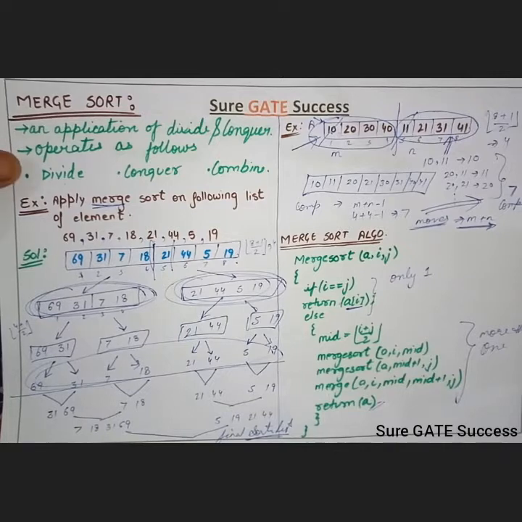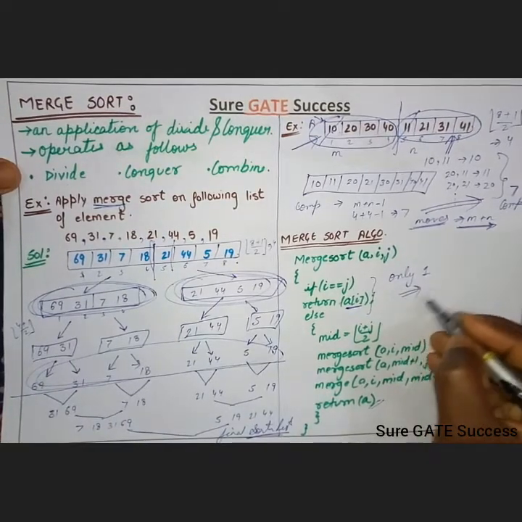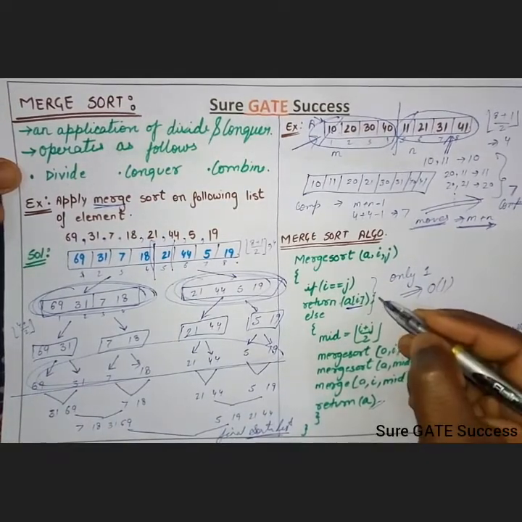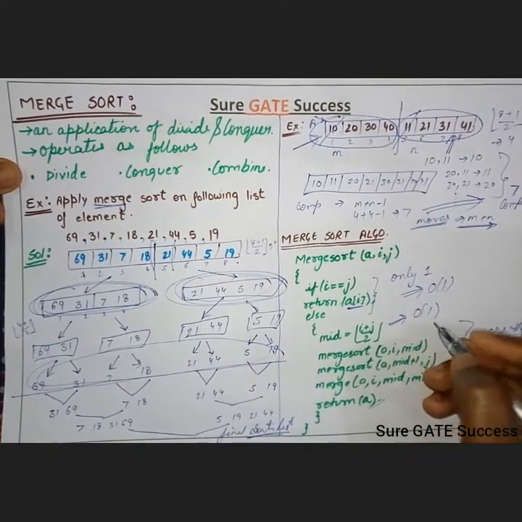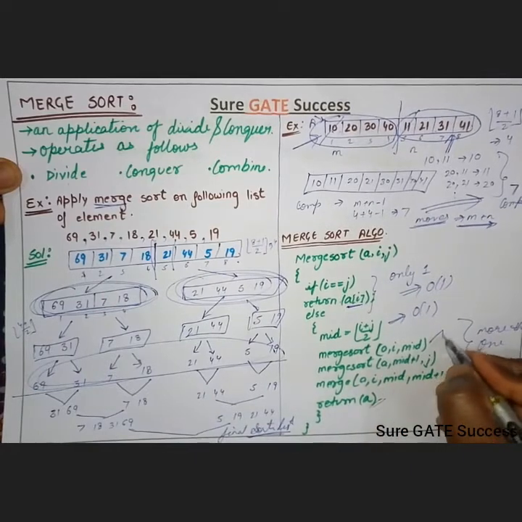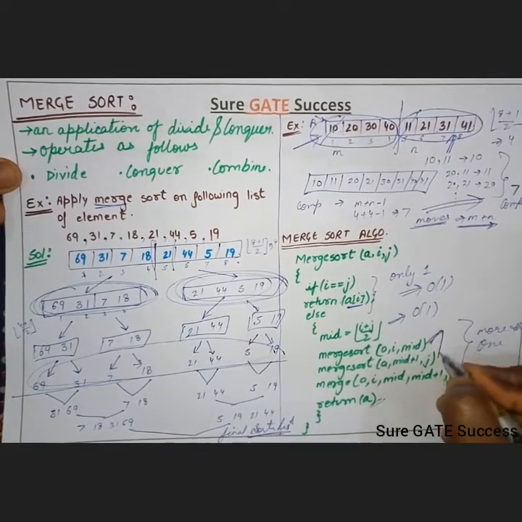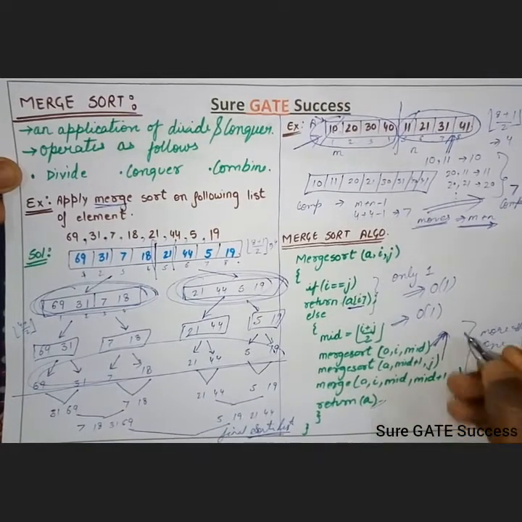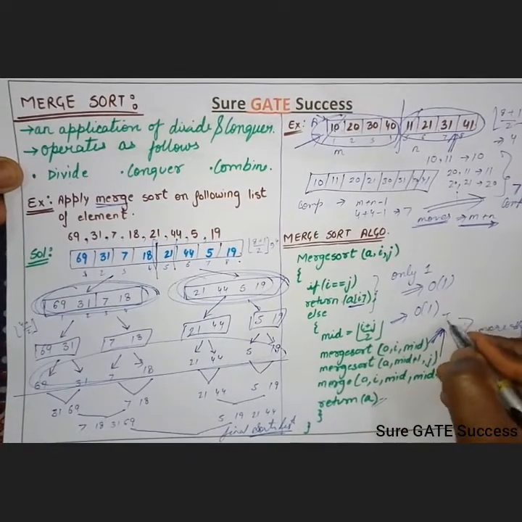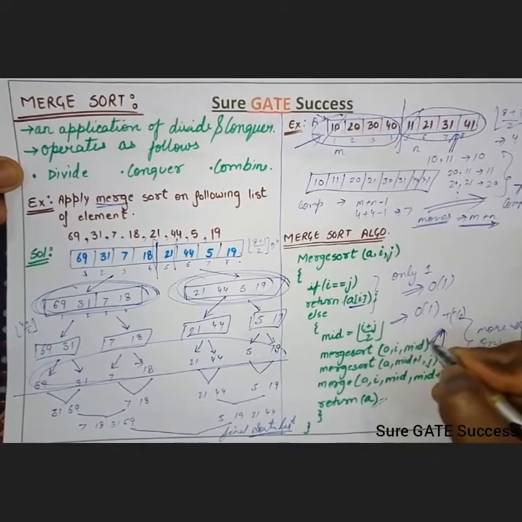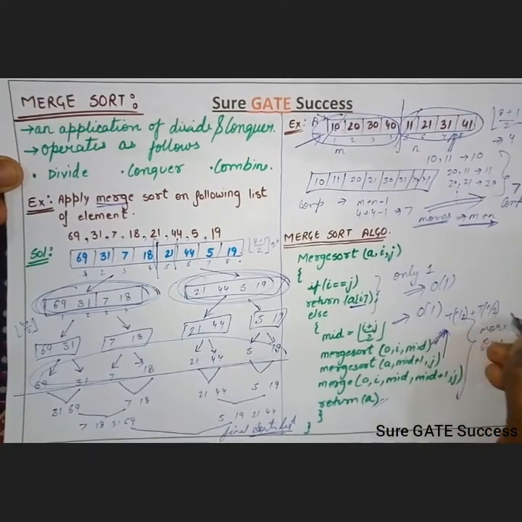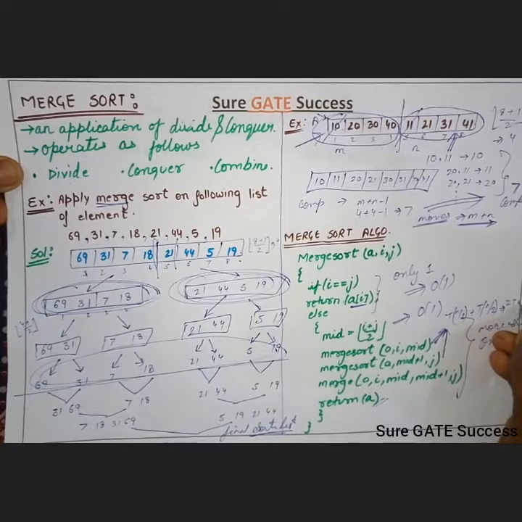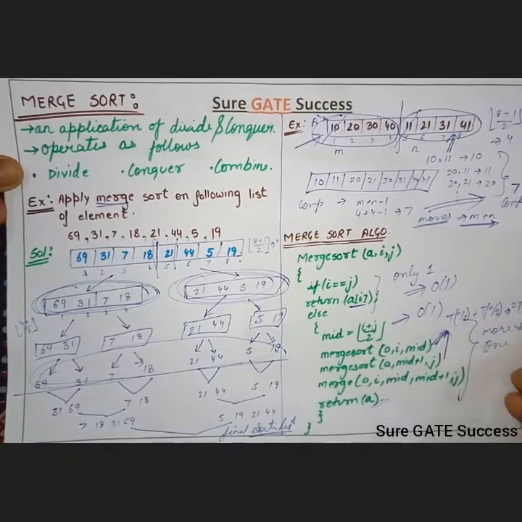Let's see one thing here. It will take constant time because it is for a small problem. Division will also take constant time. But here these two, this one and this one, will take T(n/2), and this one also takes T(n/2). So it will be 2T(n/2).